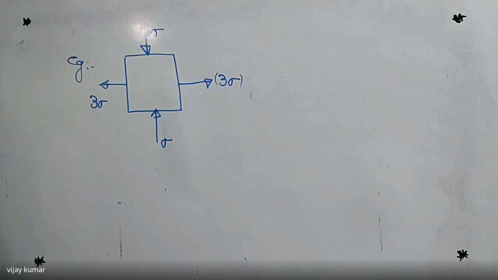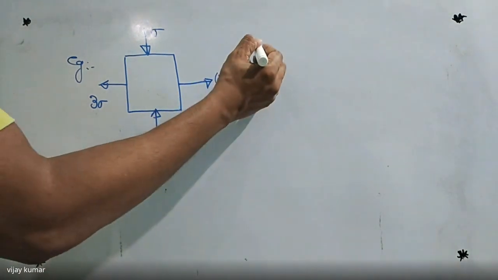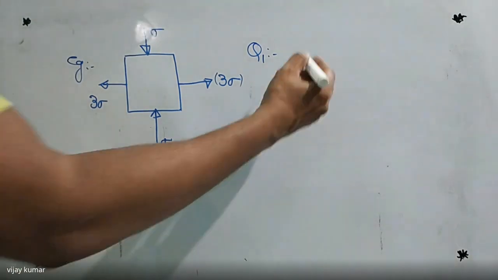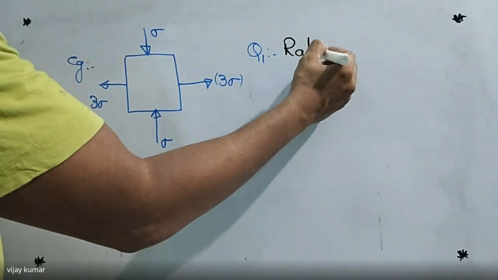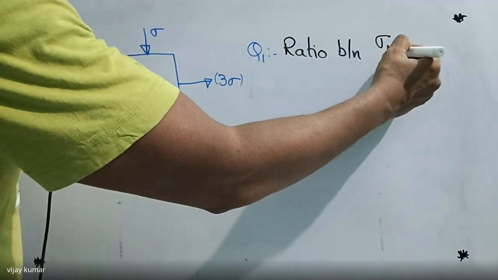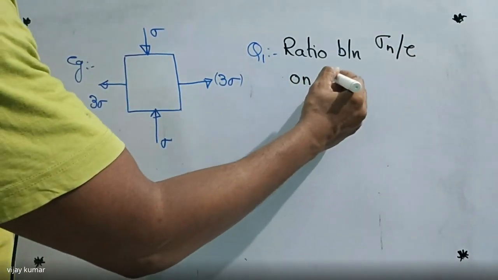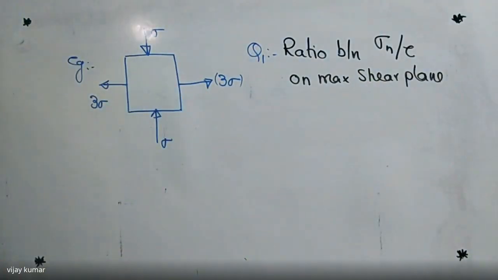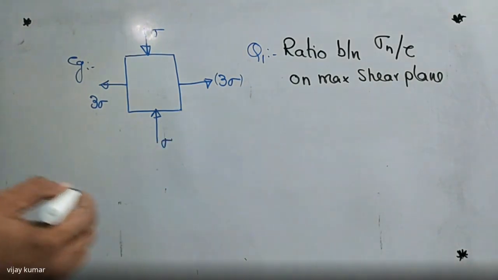They are asking for the ratio between normal stress and shear stress on the maximum shear plane. It is biaxial, so we get two shear planes and two principal planes. Question number one, listen carefully: what is the ratio between normal stress and shear stress on the maximum shear plane? And the second one, I'm going to give as question number two.